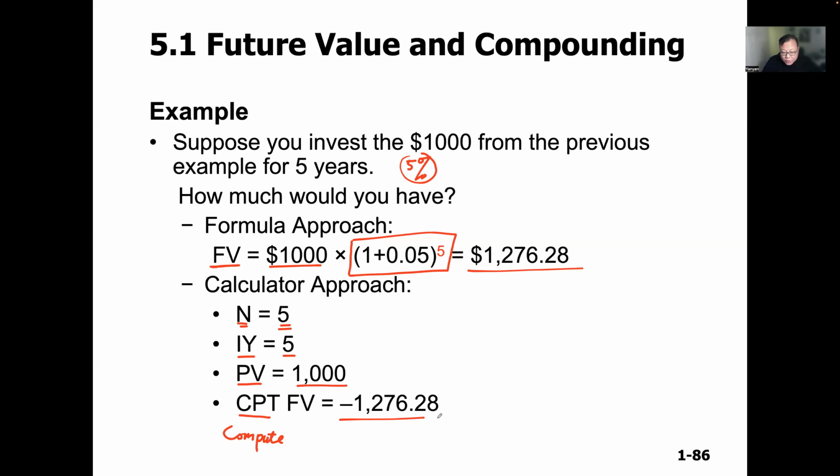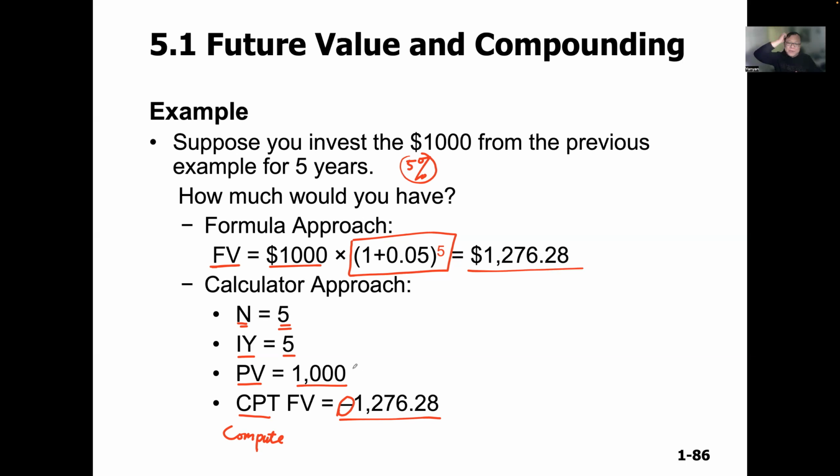So you get 1276.28, and you have a negative sign here. So what does that mean? It means the direction of cash flow. Your present value is 1,000. That means you are giving this money to the bank. So this is the cash flow away from you.